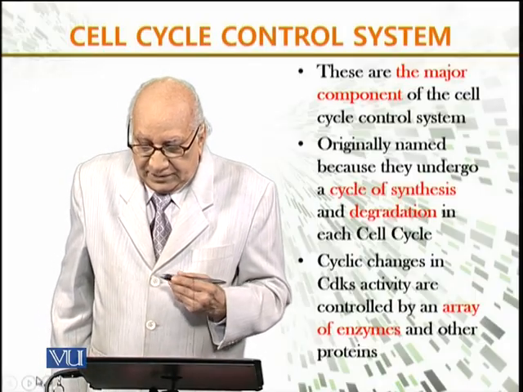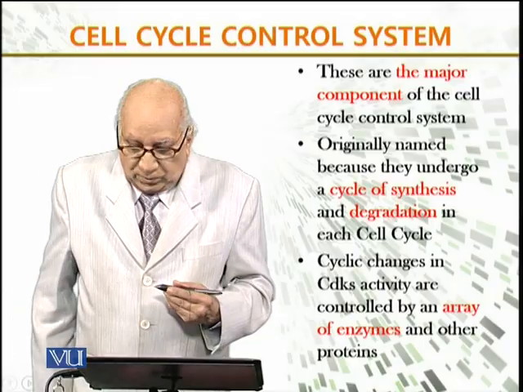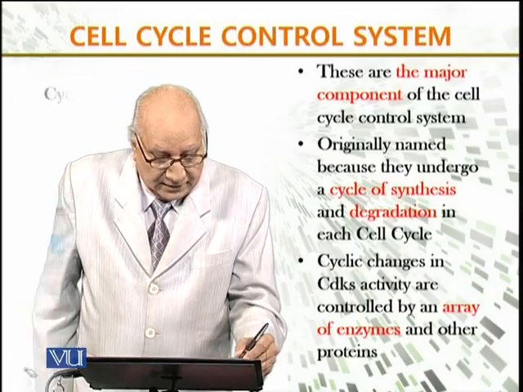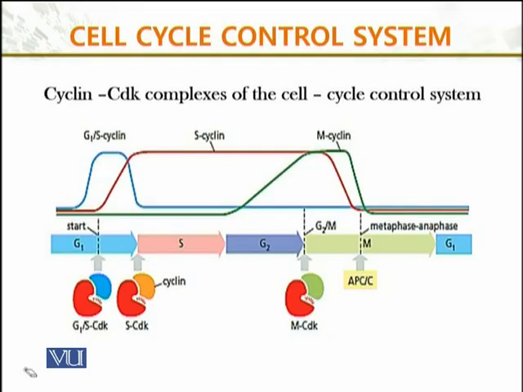Cyclic changes in CDK activity are controlled by an array of enzymes and other proteins. For example, in this cartoon, the cyclin-CDK complexes show how they vary and control the cell cycle.